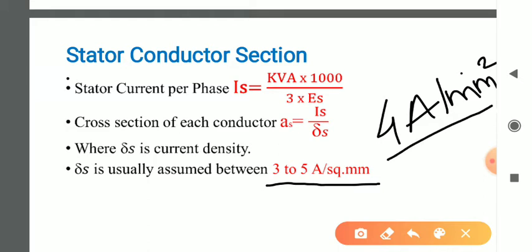With this assumption you can calculate the cross-sectional area of the conductor, that is As. But if it is given in the example, there is no need to assume; you have to take the given value.